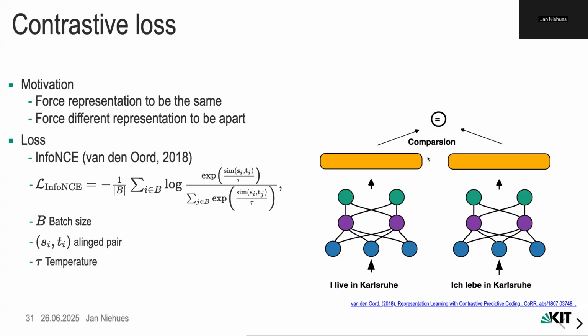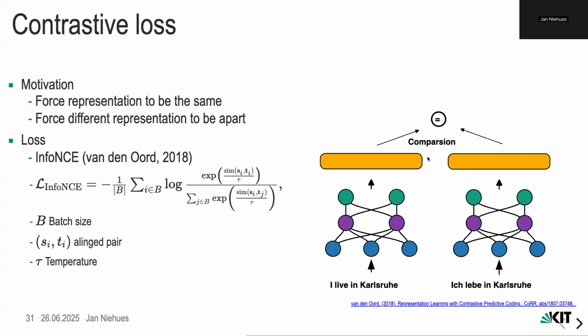So for each pair, you're making things as similar as possible. And for each other token, you take each s_i and compare it to each other pair and try to make them as far away from each other as possible.